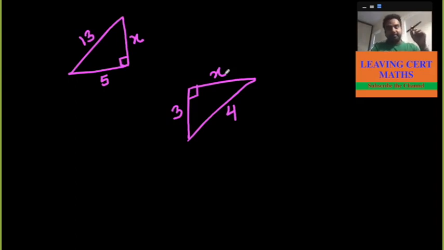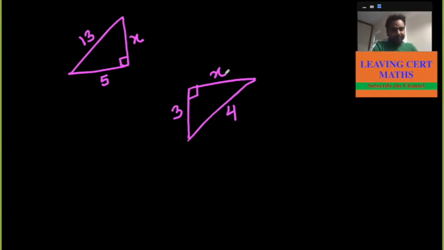So 4 squared equals 3 squared plus x squared. 4 squared is 16, which equals 9 plus x squared. And then 16 minus 9, so x squared equals 7. Okay, yeah, that's right.